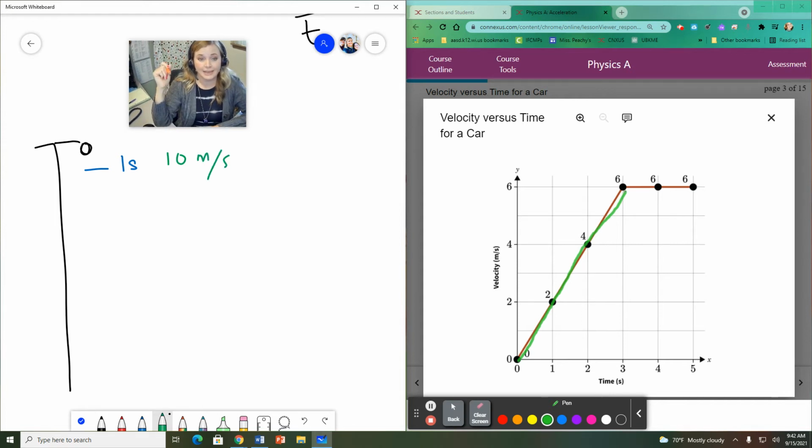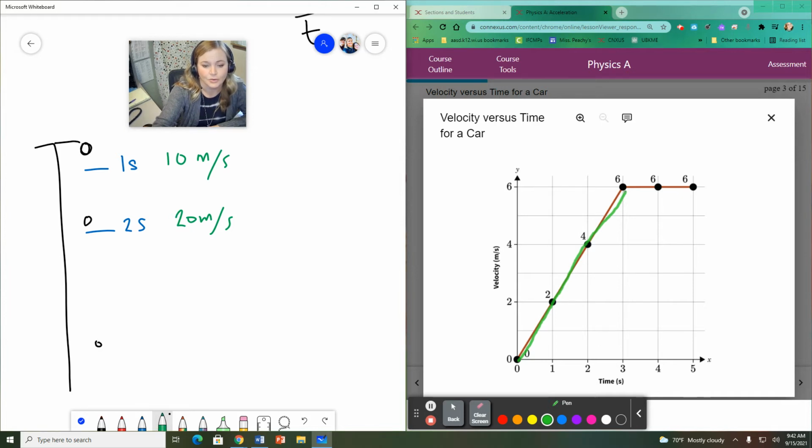If I then get the speed of the ball at 2 seconds in its fall, it's now going at 20 meters per second. It's hard for me to draw this physically.